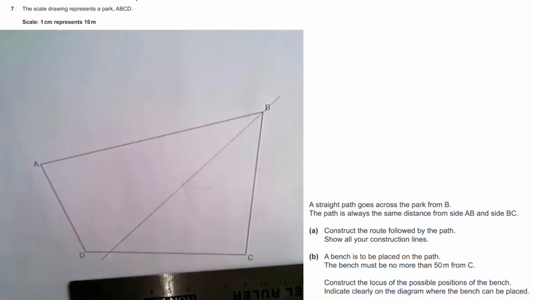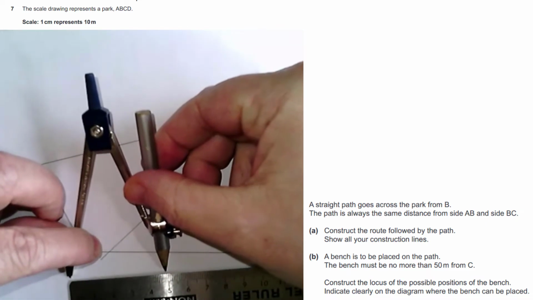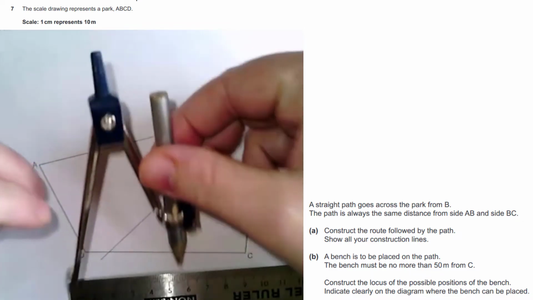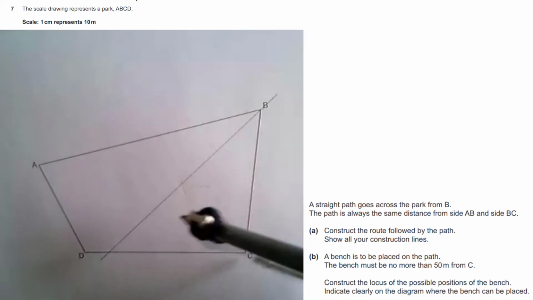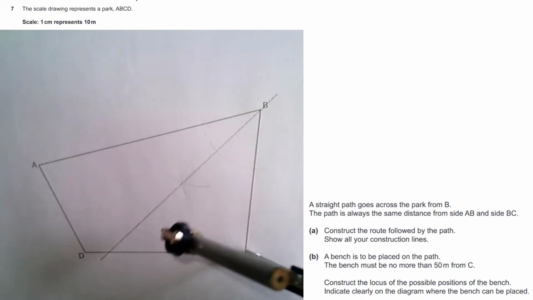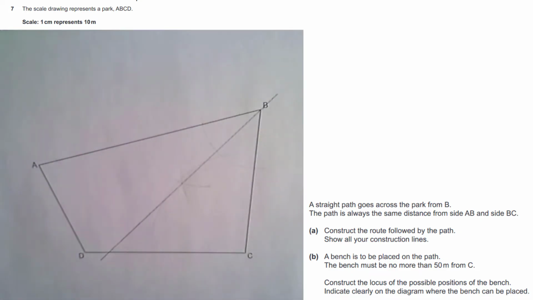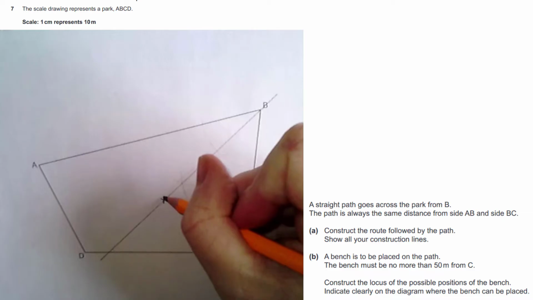So taking our ruler and our compass, let's set the aperture of the compass to exactly 5 centimeters, from tip to pencil tip, and then we're going to draw part of a circle centered on C. Now you see that arc crossed the line I drew earlier in 2 places. So let's mark those a little bit more clearly.